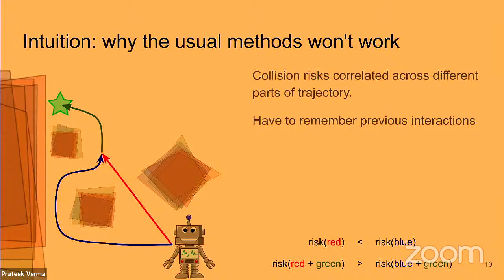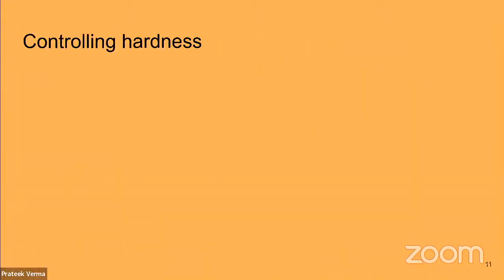In the worst case, and you can construct reductions, and we've done that in prior work, you can actually be forced to memorize a bunch of the previous obstacles that you went by, and you can take this all the way to constructing an NP hardness proof, right?